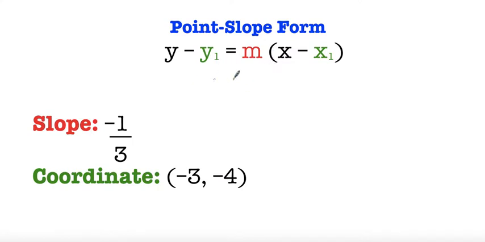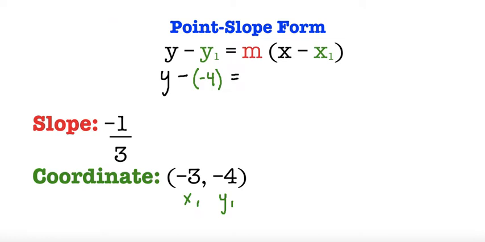So here's another example, and all we're really doing is substituting in what we know. We only have one y value, so y minus, since we're not given a second, so y minus negative 4, because this is x sub 1 and y sub 1, equals.